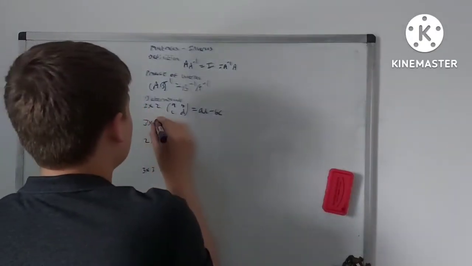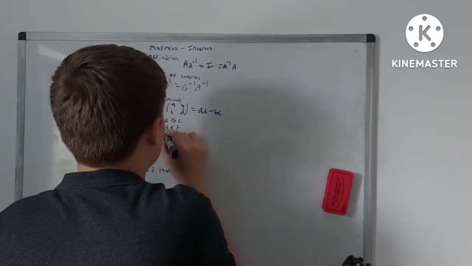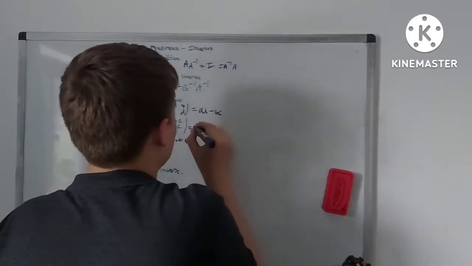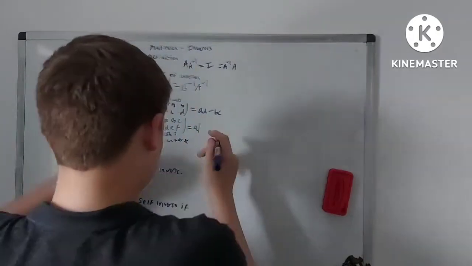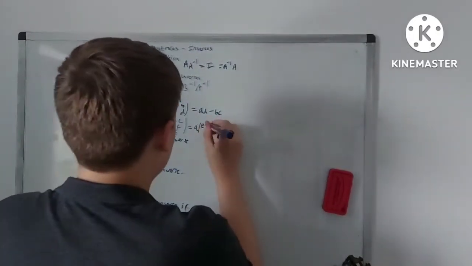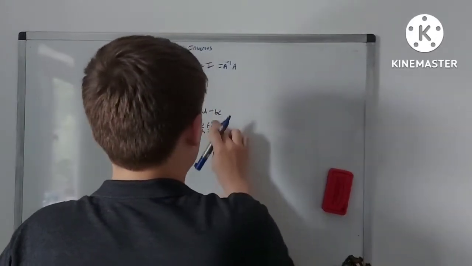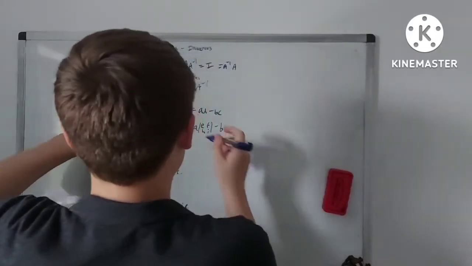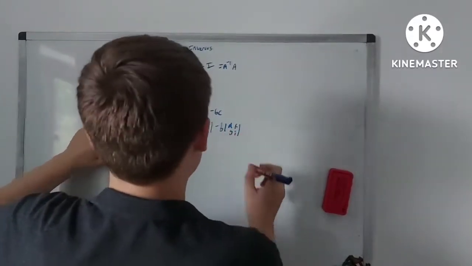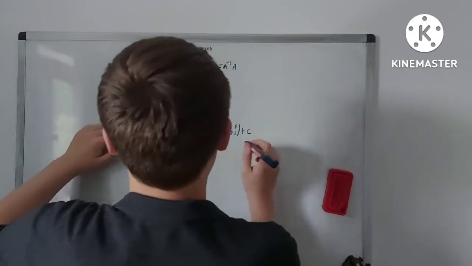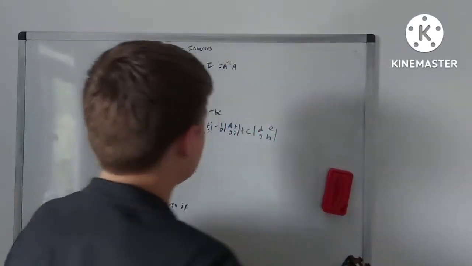For a 3 by 3, A, B, C, D, E, F, G, H, I, I want A lots of the determinant, crossing those two out, of E, F, H, I, minus B lots of the determinant of D, F, G, I, and then plus C lots of the determinant of D, E, G, H.